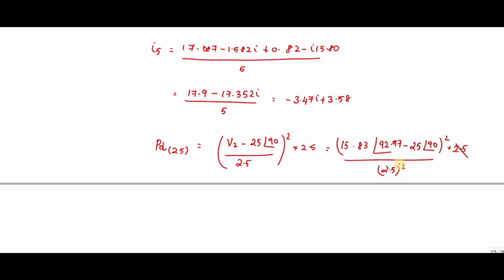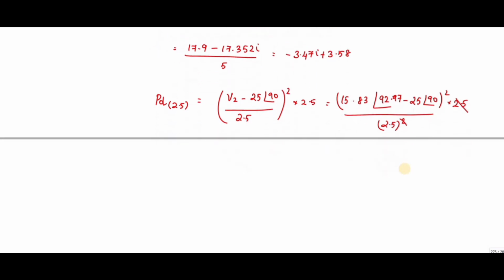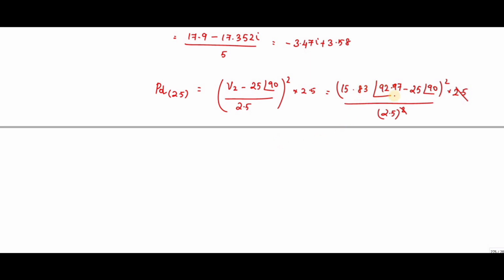So this 2.5 and 2.5 get cancelled out. So this polar form you have to convert into a rectangular form. If you convert, you will get minus 0.82 minus 9.2 I square divided by 2.5.